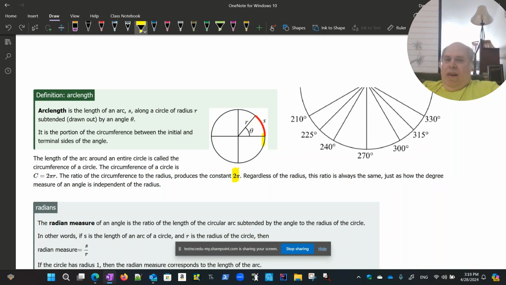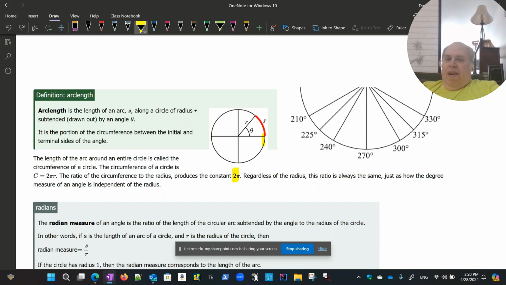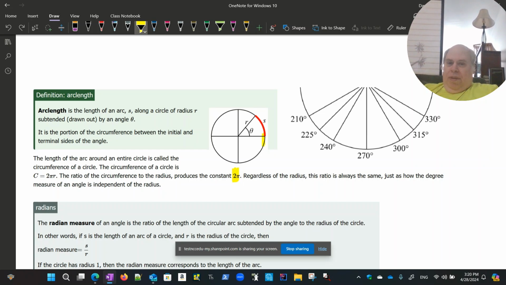And the circumference of the circle is 2 pi r. You probably learned that in a geometry class sometime back. Now, the ratio of the circumference to the radius, and we're always going to be talking about the ratio of things to the radius when we talk about angles, is the constant 2 pi, and we're going to get back to that pretty soon.